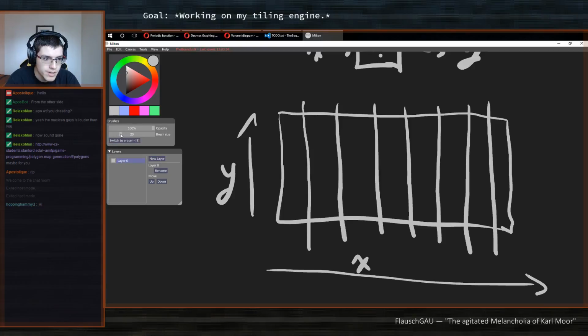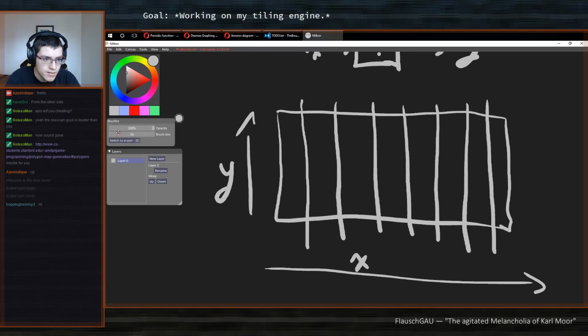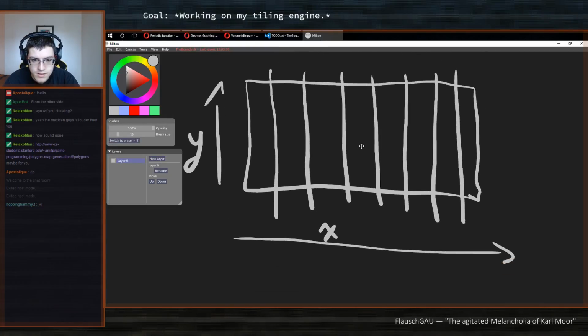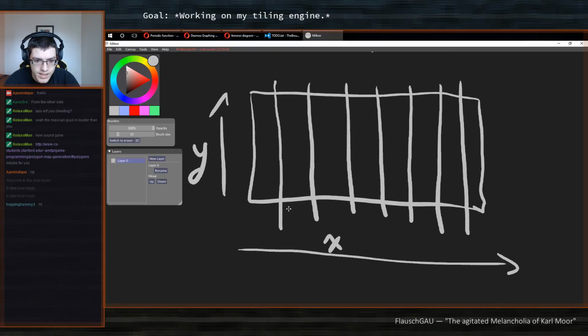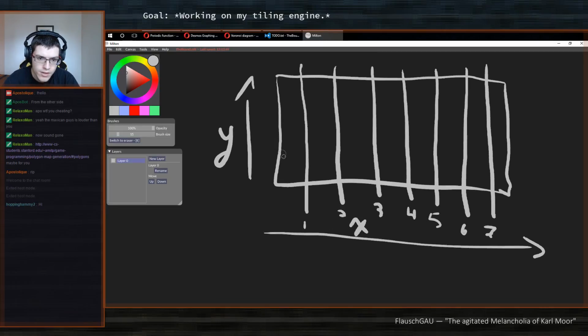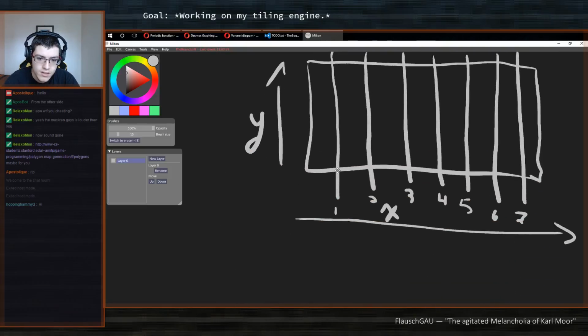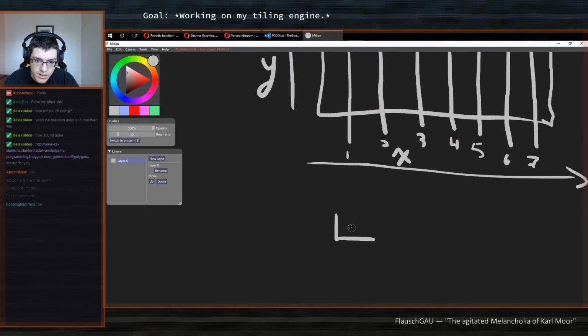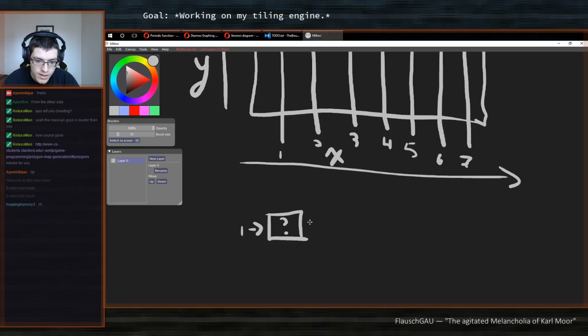This is a bit too big, I think. Let's drop it down to 15. So I say here we're at 1, 2, 3, 4, 5, 6, 7. So I'm giving you 1. I feed into this black box, which I don't know yet what it does, input 1, and then you output something.